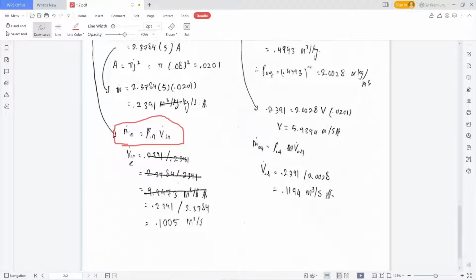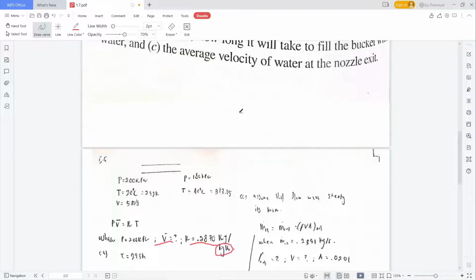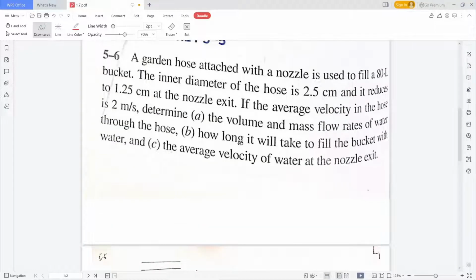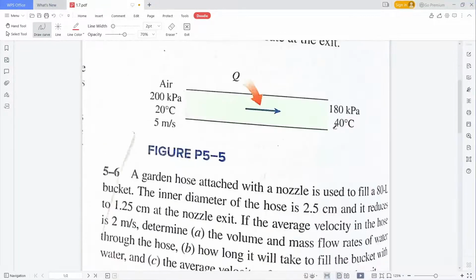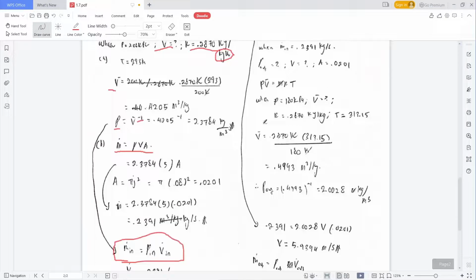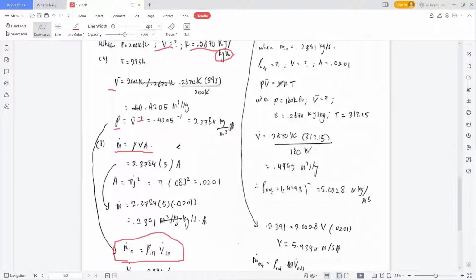For the mass flow rate, we can get it from this equation. Essentially there is a second question, which asks how long it will take, and this one is needed for the mass flow rate. So the mass flow rate equals rho V A. Rho in here is 2.3784, times the velocity at the inlet, 5 meters per second, times the area of the pipe.